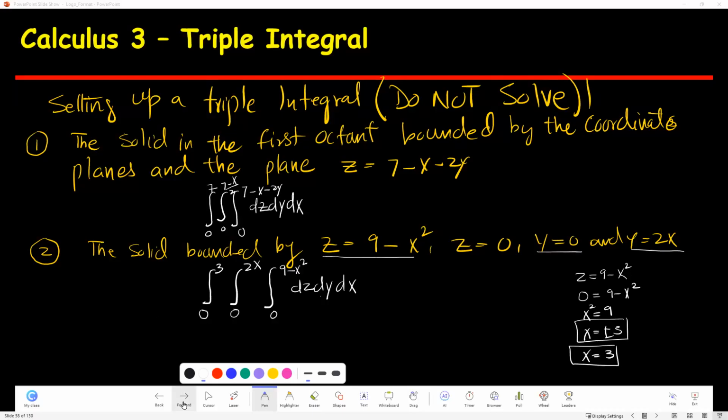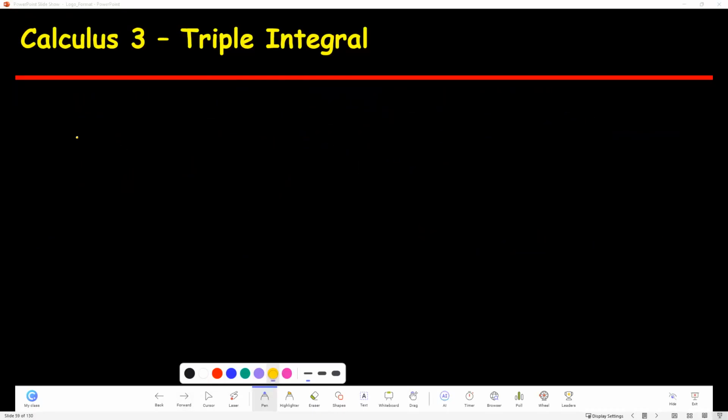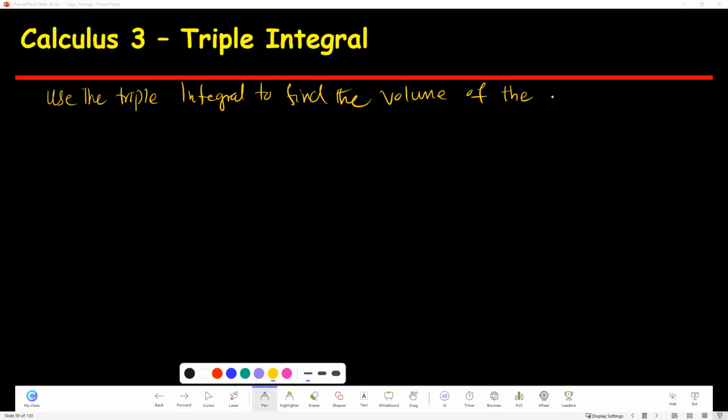Let's look at another problem. Now in this problem, we need to find the volume.